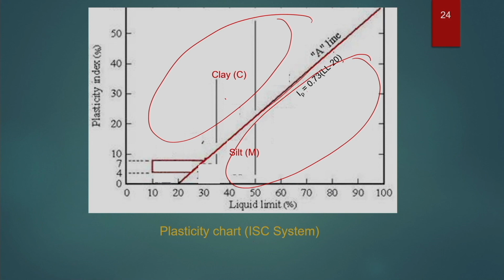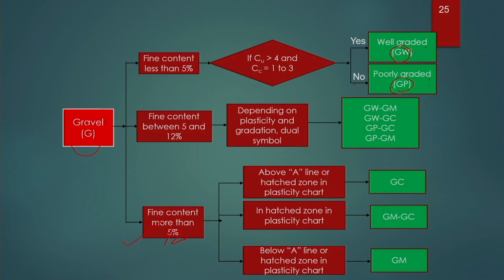This is the A line, which is defined by the equation IP equals 0.73 times (liquid limit minus 20). Then from the liquid limit determination, if the soil falls on this zone, the second term will be like C for clay. If the soil falls on this zone, the second term will be like M. If the soil falls above the A line, it will be known as GC.